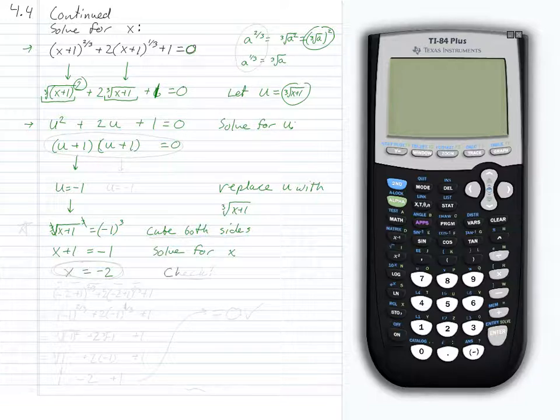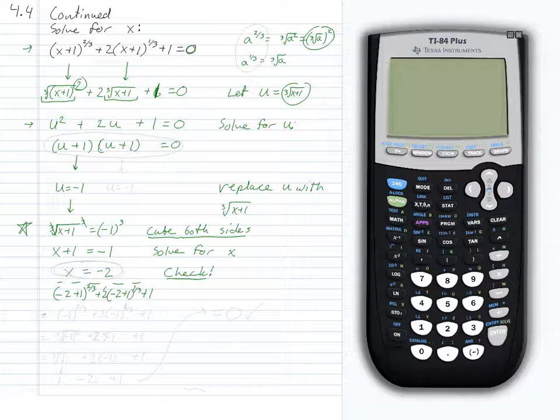And then finally, we will check that out. As soon as we get to this point, we are solving a radical equation. We're raising both sides to a power, which means we have to check. So if I plug -2 into our original equation, -2 plus 1 to the 2/3 power, plus 2 times -2 plus 1 to the 1/3 power, plus 1.